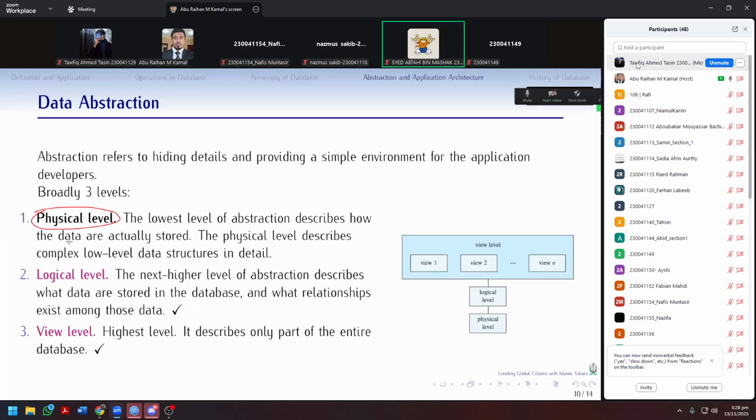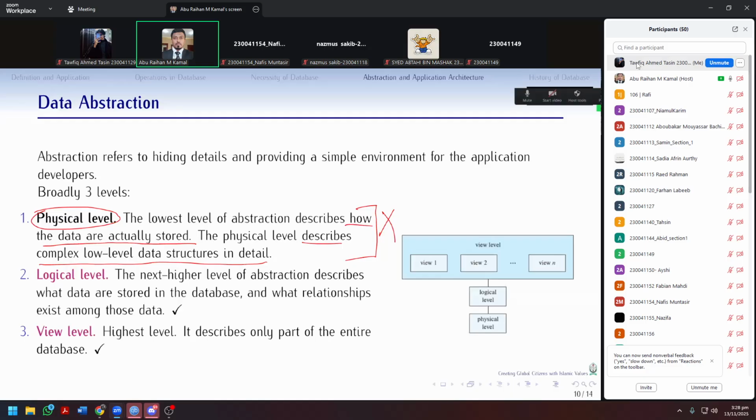That means how data are actually stored in your hard drive, in your secondary storage. So it deals with complex low-level data structures in detail, but in the database area, these are not handled by the programmer or the designer. So we are not going to cover this one. These are the things normally dealt with by the manufacturer of the particular database.